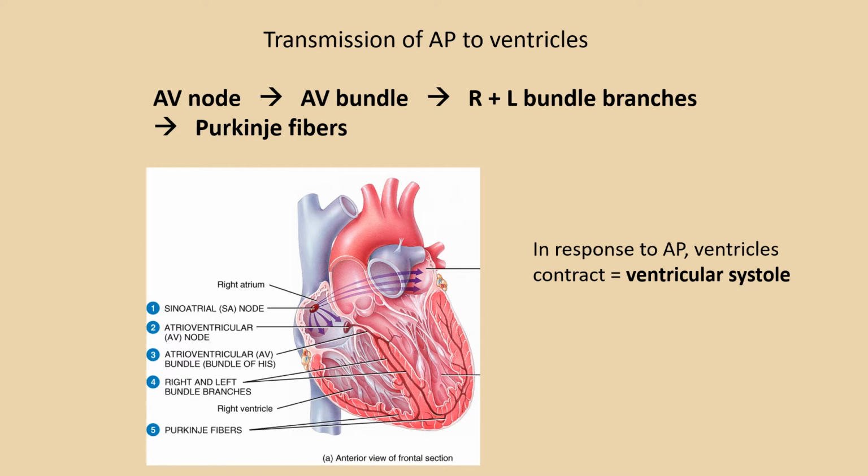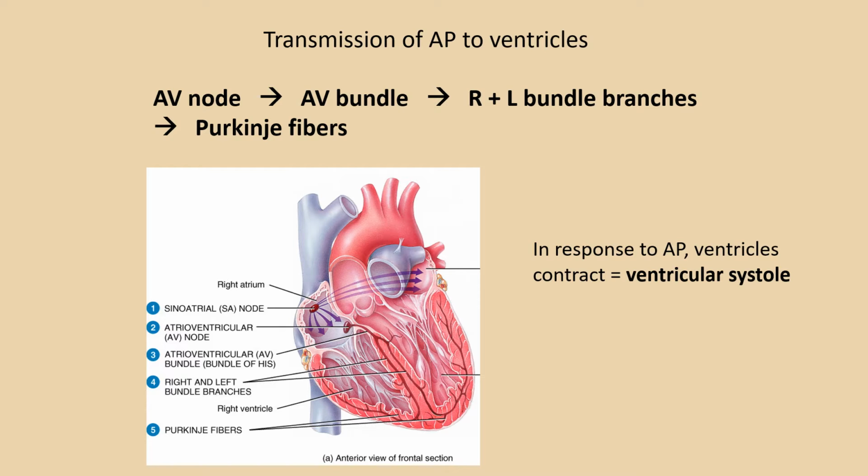So this is the pathway of the transmission of an action potential between the atria and the ventricles. So it begins with depolarization of the AV node. The AV node transmits the action potential to the AV bundle, to the right and left bundle branches, and to the Purkinje fibers.